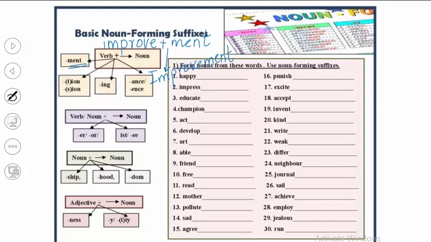A prefix means a unit added in front of the word. Suffixes we add behind the word. So it changes the meaning, and at the same time it may change the word class.